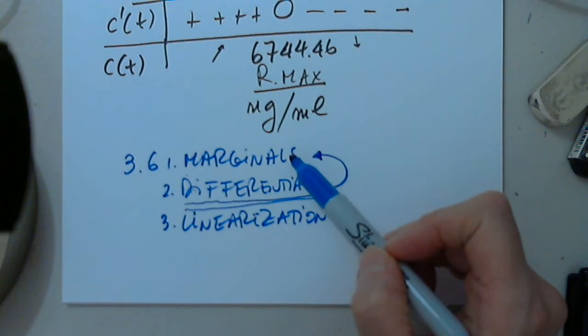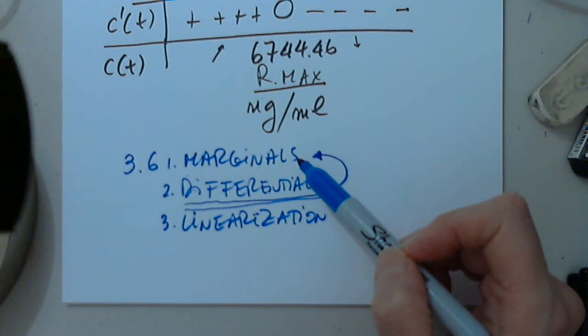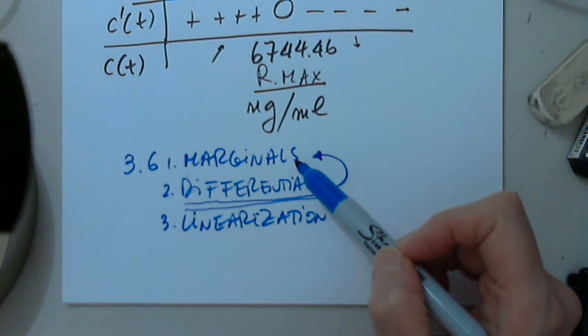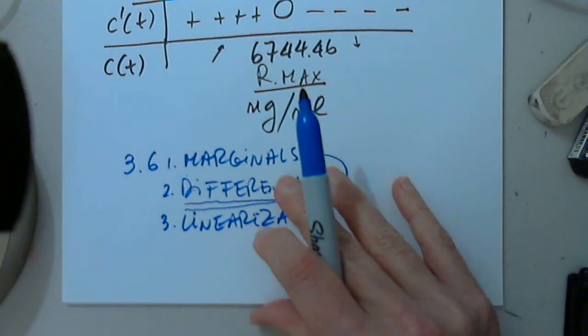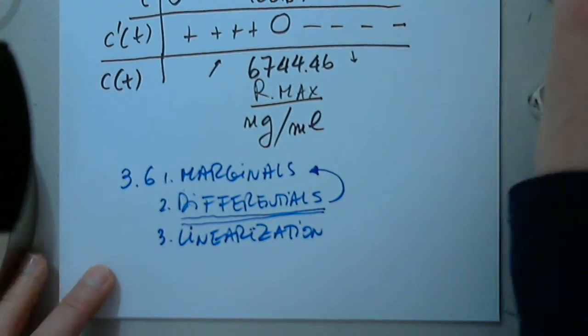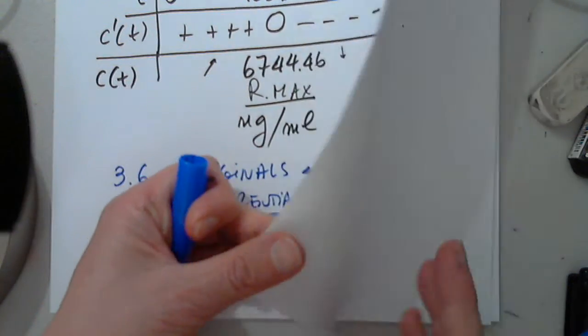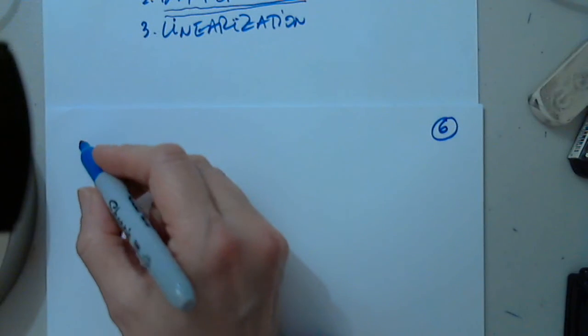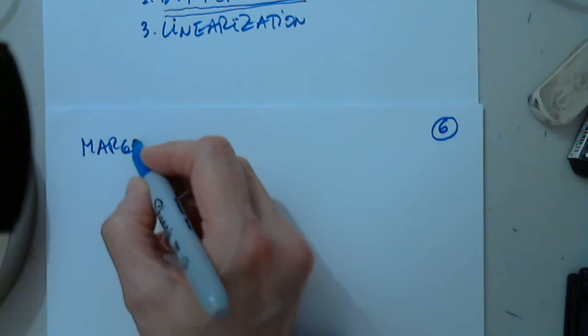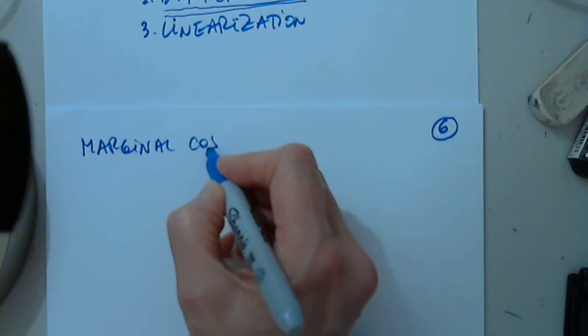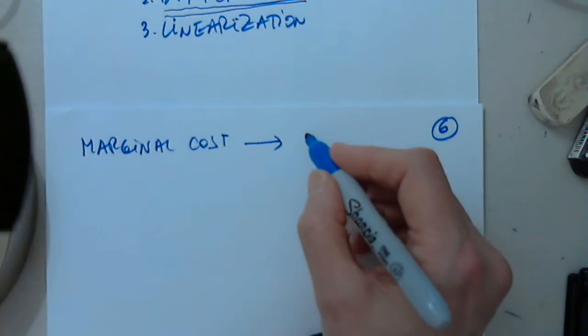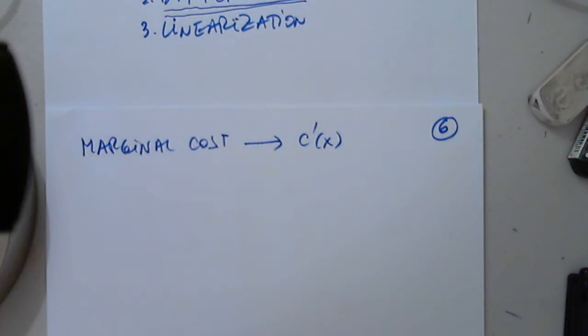The concept of the marginals really refers to a derivative. So I can mention that first, and then we'll talk about differentials, and then we'll come back to marginals. When we say marginal cost, we really mean C prime of x.